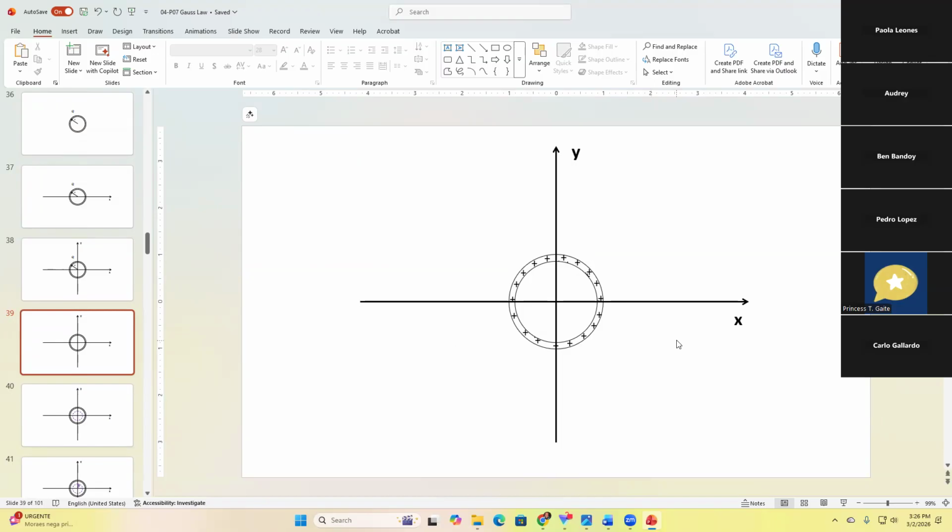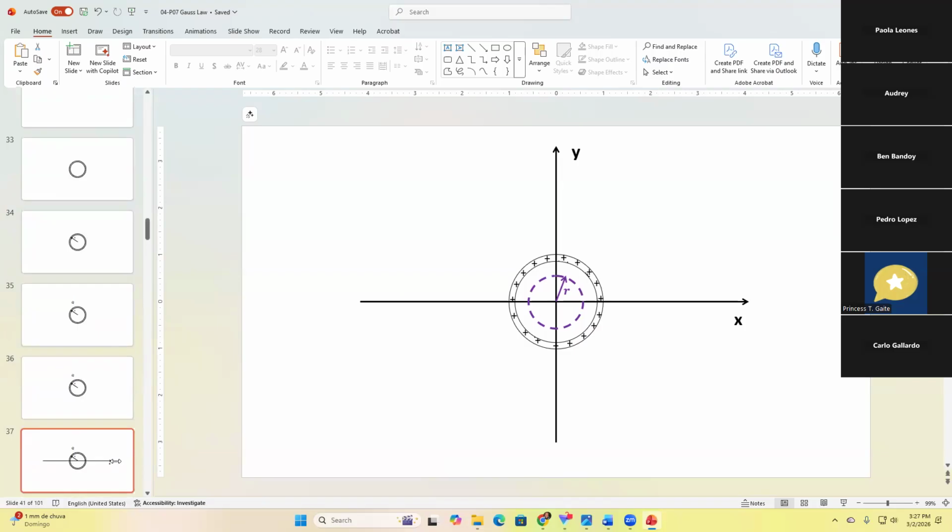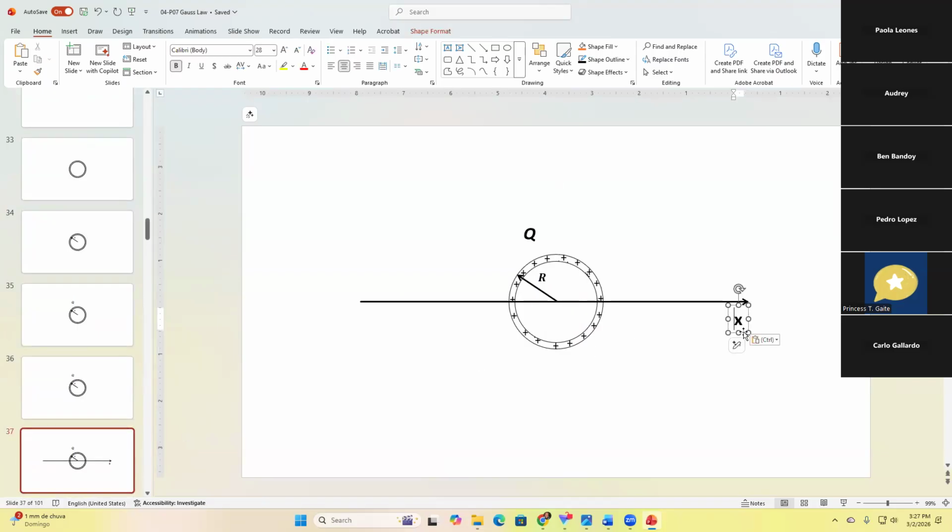So we can construct an imaginary surface, a Gaussian surface, on the inside of this spherical shell. And this Gaussian surface has a radius lowercase r. Don't forget my spherical shell has a radius capital R.